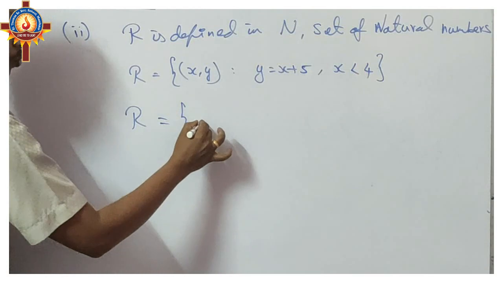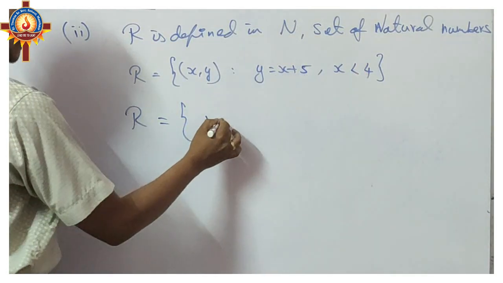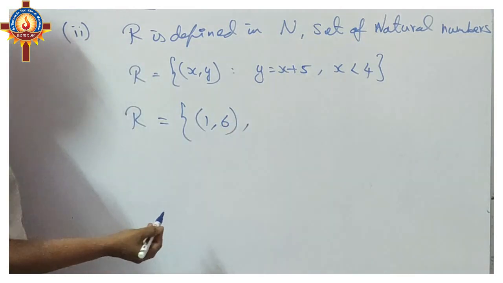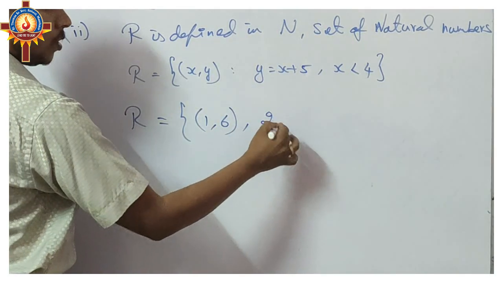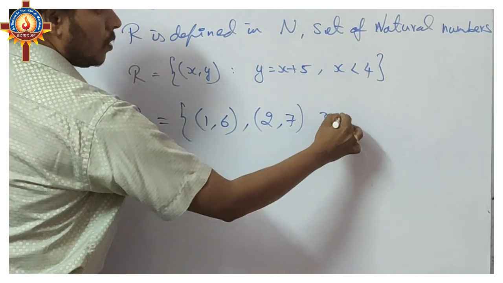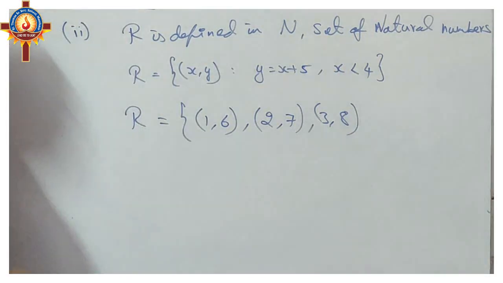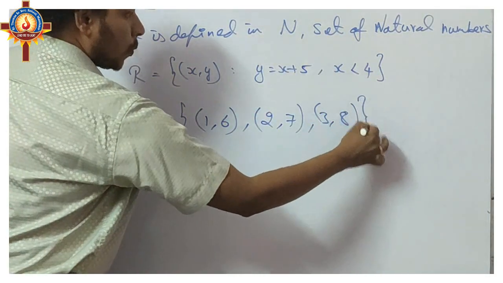So if x is equal to 1, then y is equal to 1 plus 5, that is 6. If x is equal to 2, then y is equal to 7. And if it is 3, then 8. So it cannot be 4 because x is less than 4.